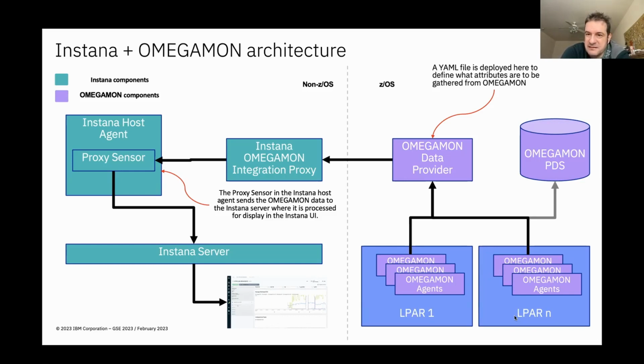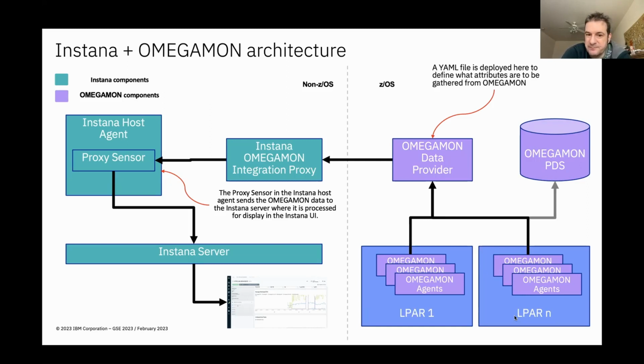And within there is a YAML file that says, these are the particular attribute groups that I'm interested in gathering, and send them to Instana. So OMEGAMON will gather the information and then push it over to the left here, where we have an integration proxy that's gathering the OMEGAMON data as it comes in, and it acts like a native Instana agent, as if we're collecting the data directly via Instana, and feeds that into the Instana server so that we're able to then display that.